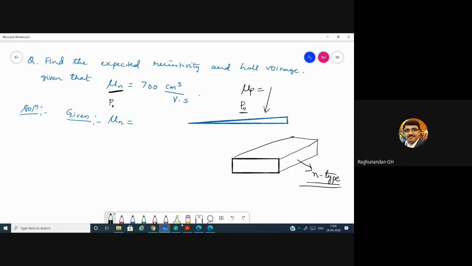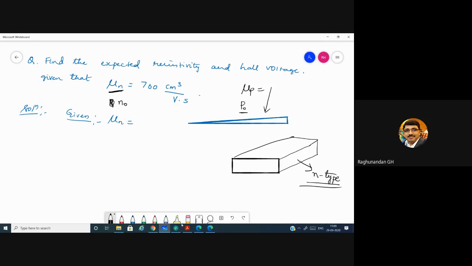No. What is correct then? It should be N naught. Because they're talking about mobility of electron, that indicates that the slab they have considered for this analysis is n-type material. So in whatever equation you take, you should consider only N naught. Okay. First, they're asking for resistivity.